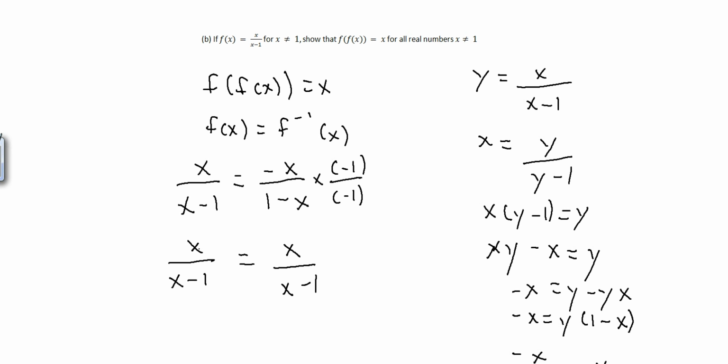And now we see that x over x minus 1 equals x over x minus 1. That means this is true for all real numbers x, except for x equals 1. That would give us 1 over 1 minus 1, which equals 1 over 0, which is undefined.